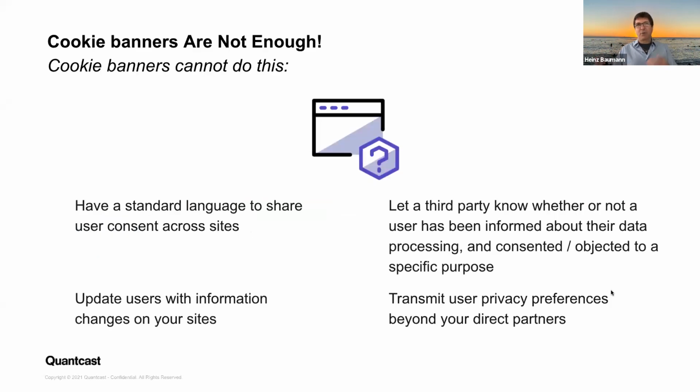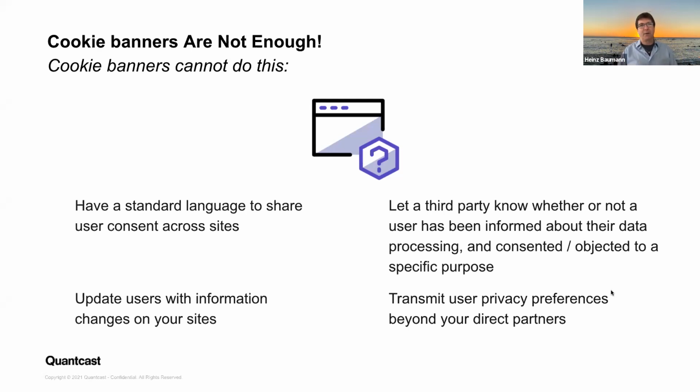You may think, I have a cookie banner. Everybody sees these that say, we're using cookies, are you okay? You can click OK or the X button. Typically, these only have an OK button. They don't have a button to say, no, I don't agree, I don't want you to use cookies. That's not enough. When you have new regulations, like the one coming up in Canada, that are more strict, more information needs to be disclosed and more information needs to be transported. There needs to be standard language to share user consent across sites.